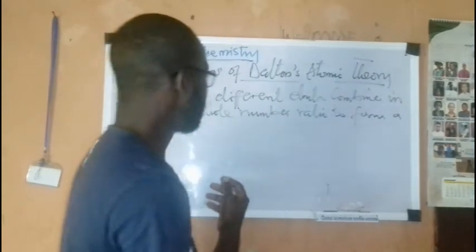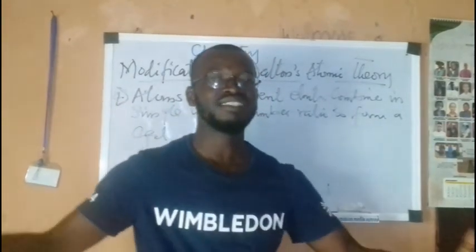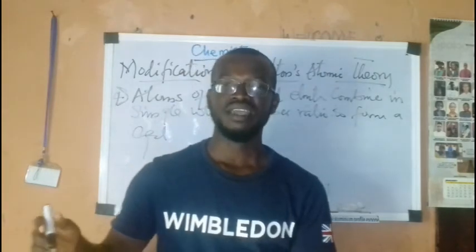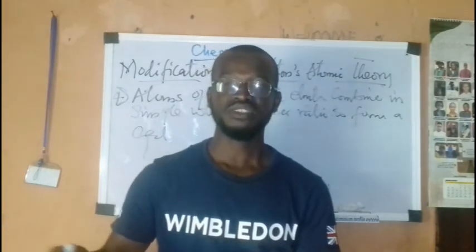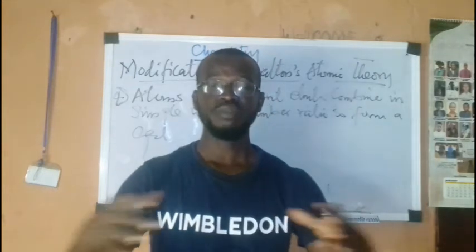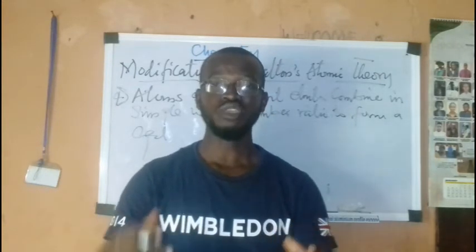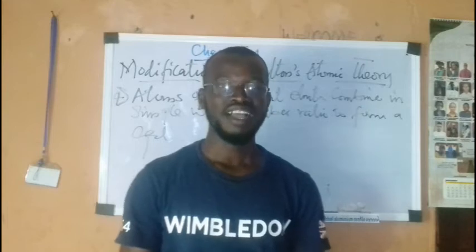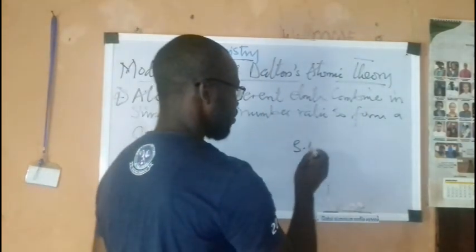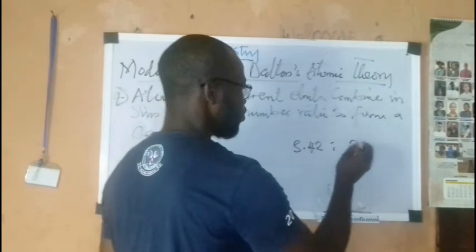In the case of organic chemistry, carbon forms compounds of very large weights, such as fats, proteins, starch and all those. That is where we start discussing catenation. In forming these compounds, they are not formed in whole numbers. So we'll be seeing something like 3.42 is to 2.